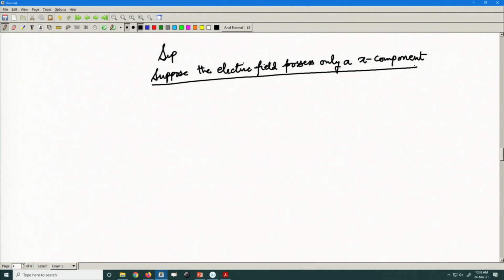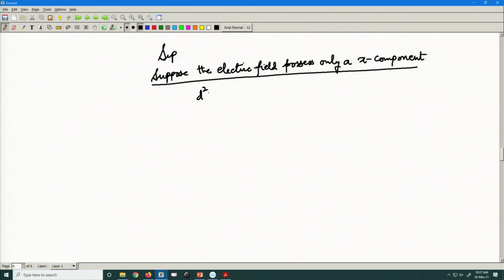It is dependent only on z. So, the electric field is x polarized.